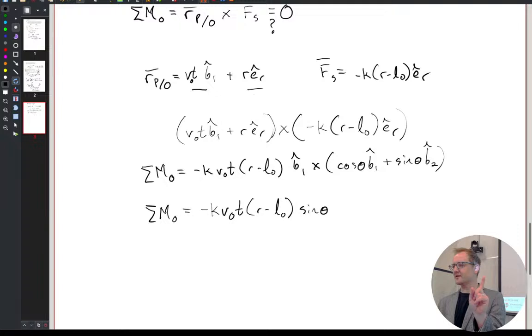Because cross product is weird, it still gives you a direction. In the z direction? Yeah, we can call it either b3 or z or e_z. We'll call it b3.